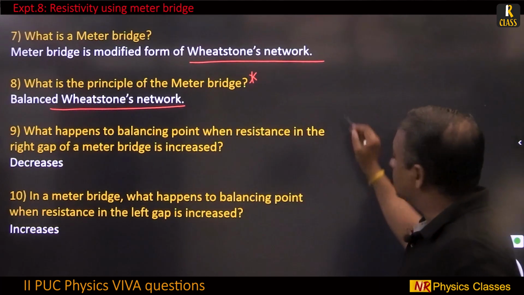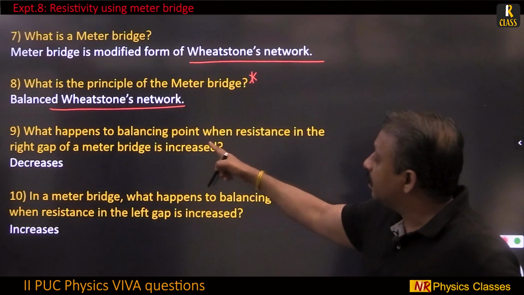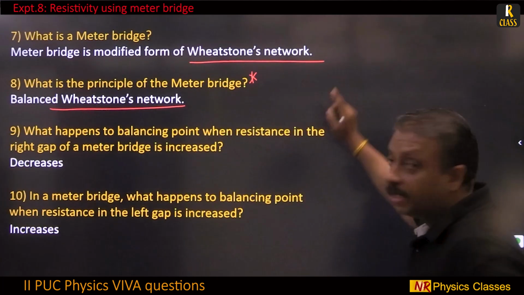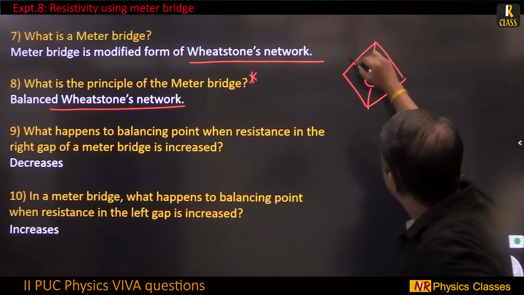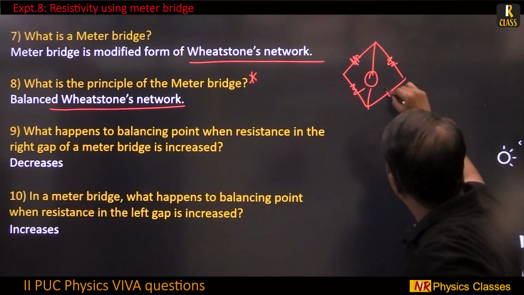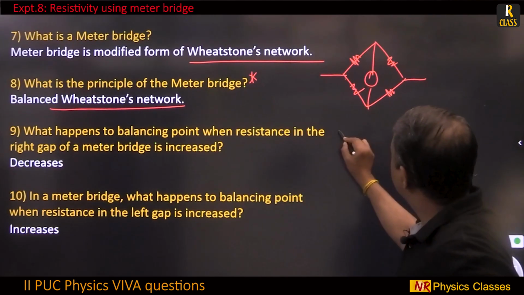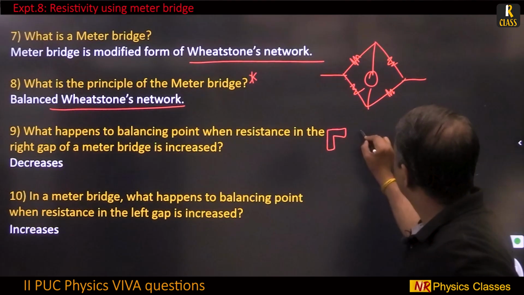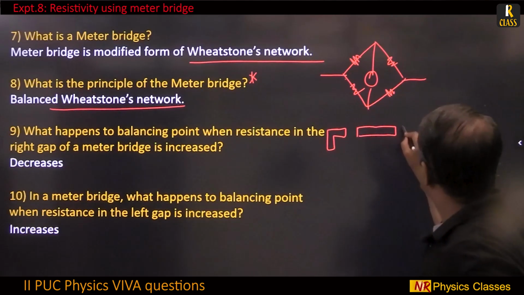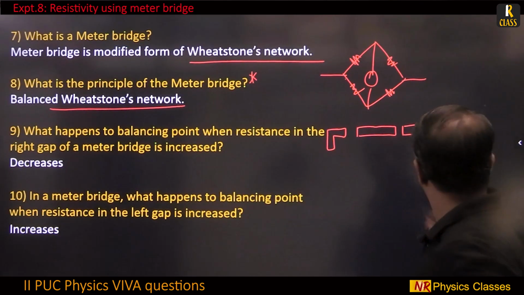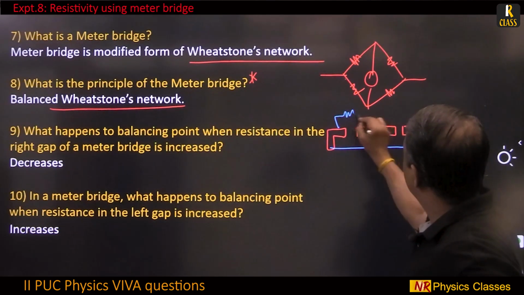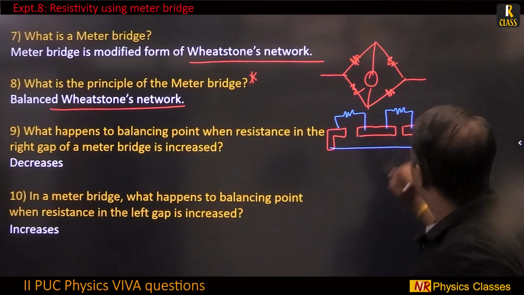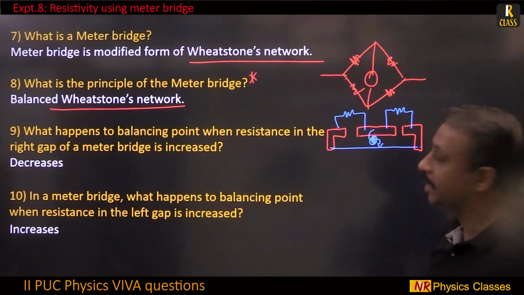Now, the meter bridge and then Wheatstone's network. Let me draw both. This is the Wheatstone's bridge, right? P, Q, R, S. And this is the meter bridge. There is this resistor, one more resistor, and then galvanometer, and then jockey.